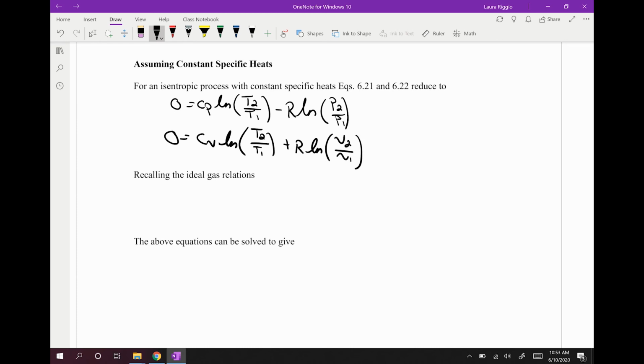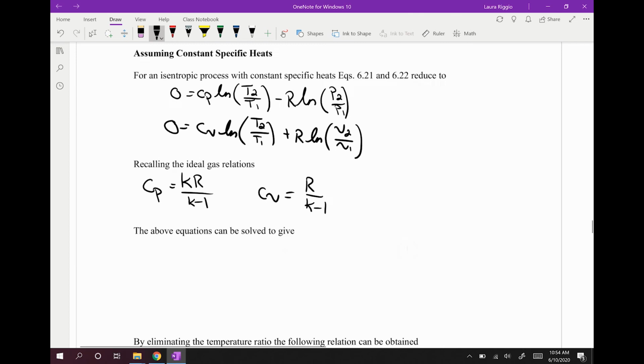If we recall our ideal gas relationships, Cp is equal to kR over k minus 1, where k is our specific heat ratio. We also have Cv is R over k minus 1.